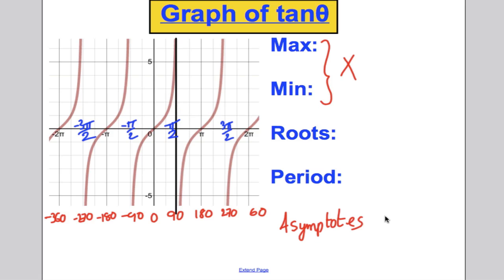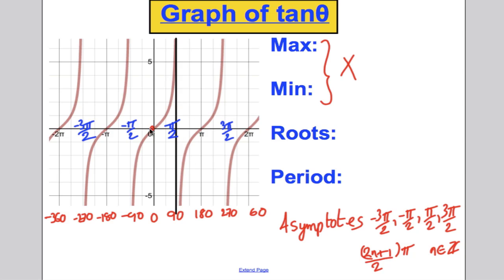There is an asymptote at these values here: minus 3 pi by 2, minus pi by 2, pi by 2, and 3 pi by 2. I.e., as we did before, (2n plus 1) over 2 pi for n an integer. Every odd multiple of pi over 2 gives us an asymptote, a place where the graph shoots off to infinity and shoots down to negative infinity.